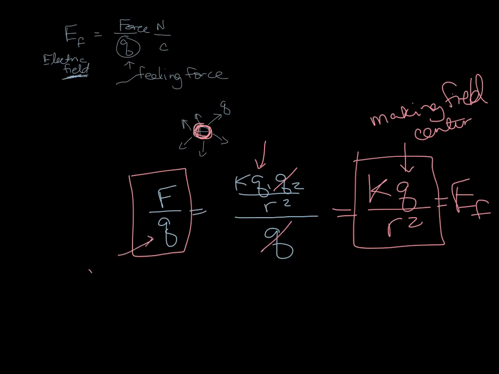This is the one feeling the force, and this is the one making the force. So these Q's are not the same Q, remember that. So if you can remember how they were derived, or you can derive them yourself, it's easier to keep track of all the different equations and all the different forms of K, Q, and R, because some of them are different. So that's as far as we're going to take it today.